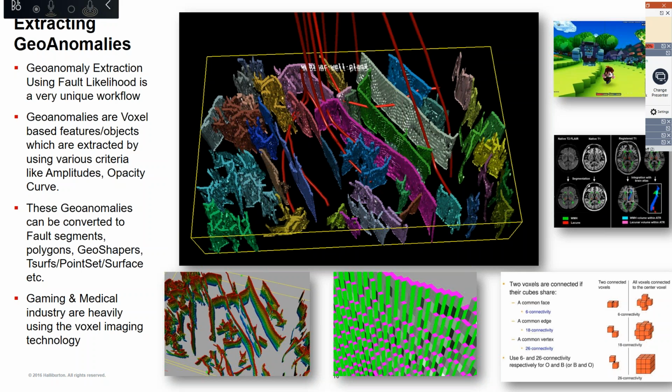Once we extract these anomalies, which can be faults, channels, discrete sand bodies, and so on, as per our opacity settings, we can save them back into geobodies. We can save them as faults or fault segments or fault planes. We can save them as point sets or geoshapers, and we can also save them as seismic volume.